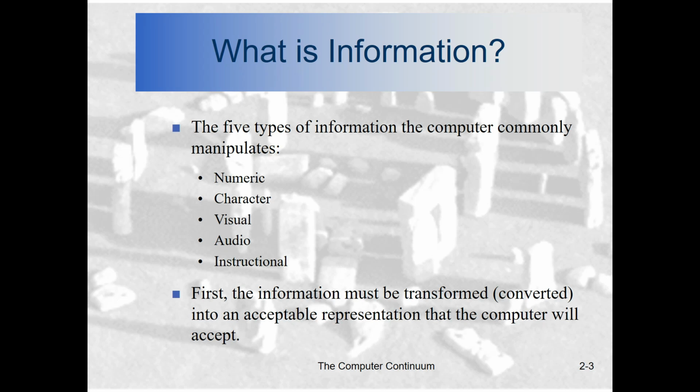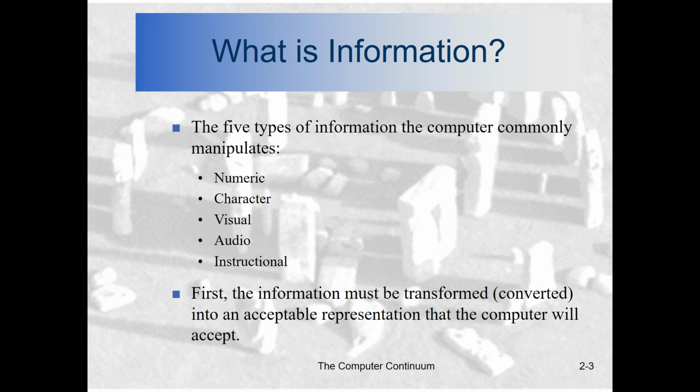Okay, so what is information? First, let's define what information is. From a computer science perspective, there are 5 types of information that computers can commonly manipulate: numeric, character, visual, audio, and instructional.